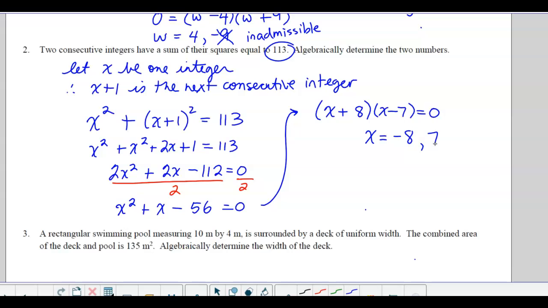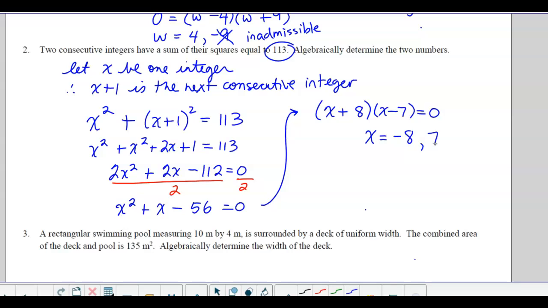Now, in this case, it says consecutive integers, so negatives could be okay. But that is not your answer. Those are not consecutive integers. The digits are consecutive, but they're not one right after the other. One's negative, one's positive.